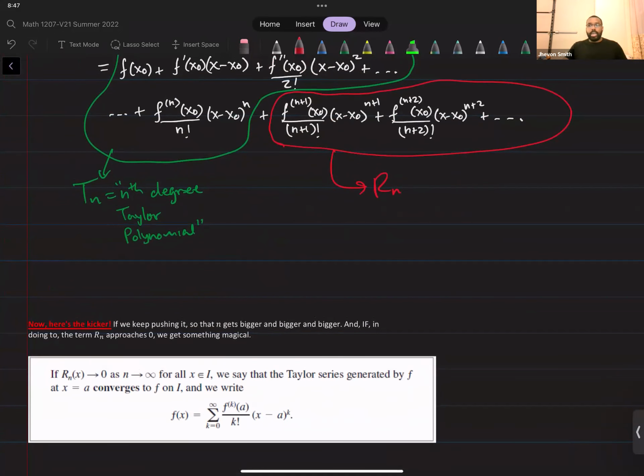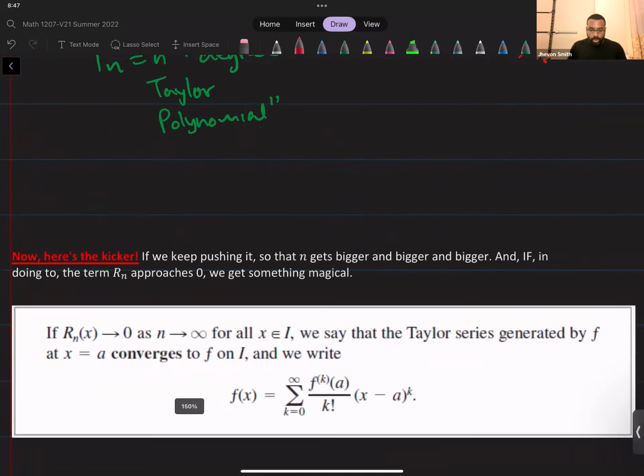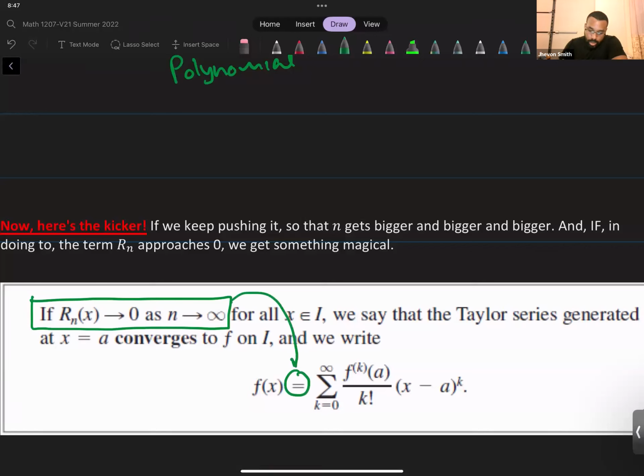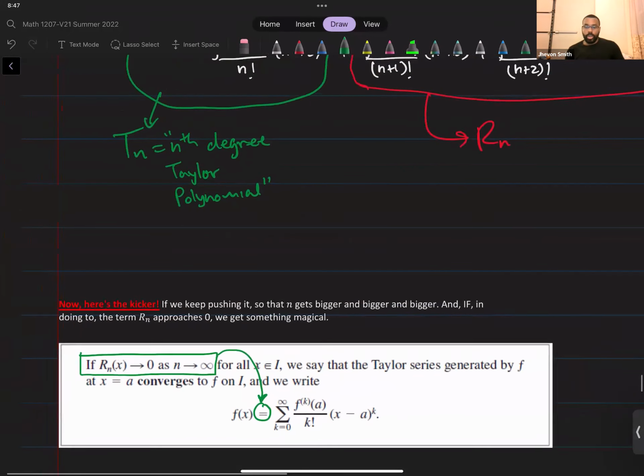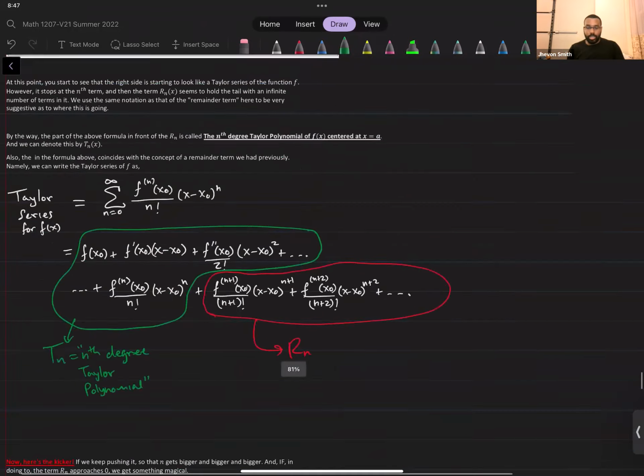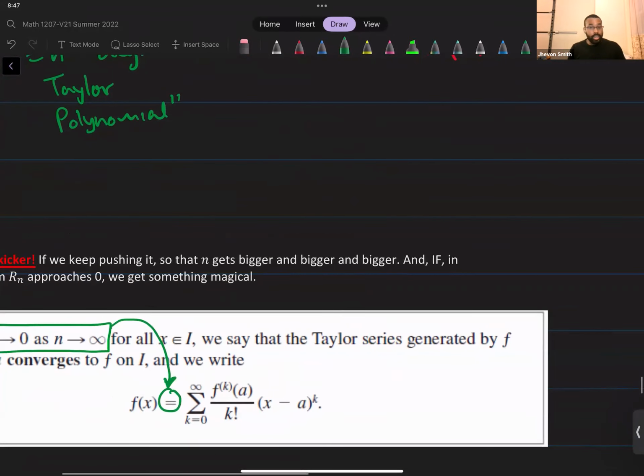Okay, so here's the actual idea. If you can prove that the remainder term approaches 0 as n approaches infinity for every x in the interval where that series converges, then equality will result, and you can replace that function with its Taylor series. So if you can prove that this infinite list of terms here, everything circled in red, gets super small as n gets big, that it goes to 0, then this is actually true.